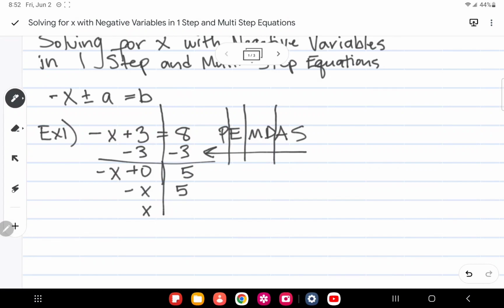So positive 5 will become negative 5. And hence, our final answer is negative 5. So once again, that's the key here: once you arrive at this step right here, you switch the sign of every variable and every number for the solution.